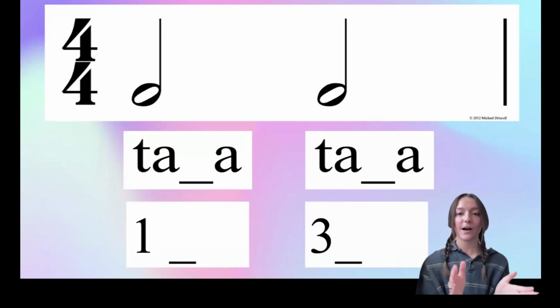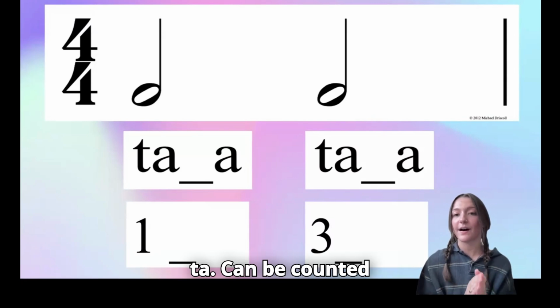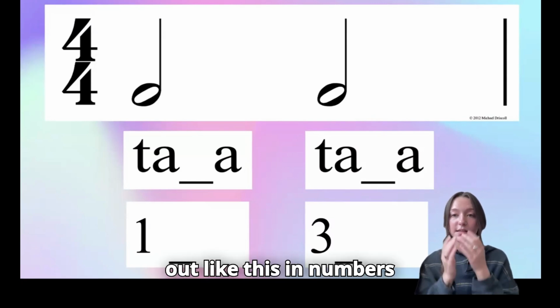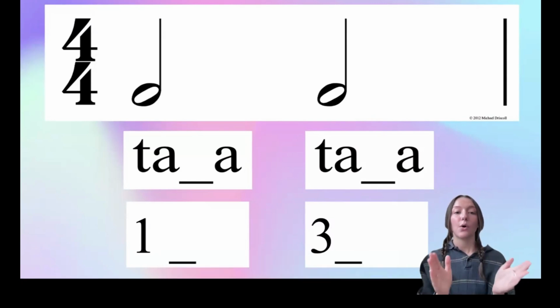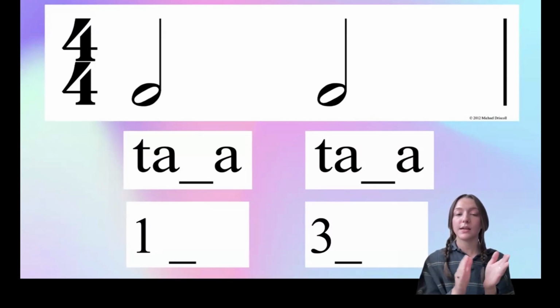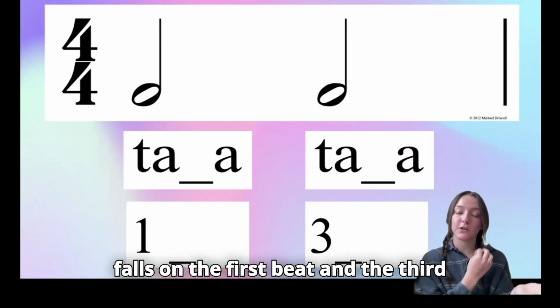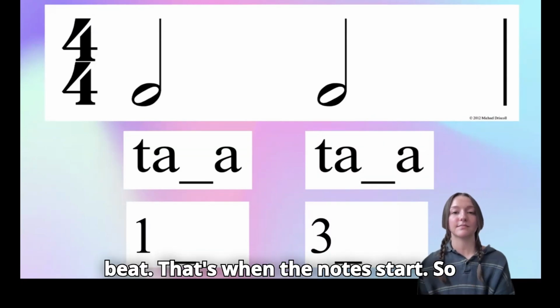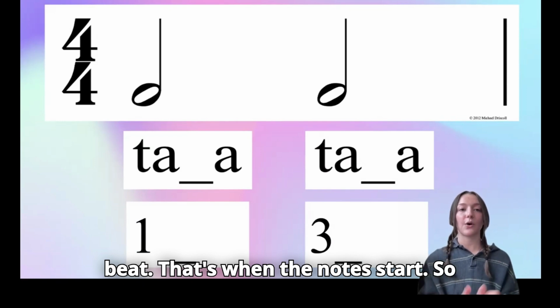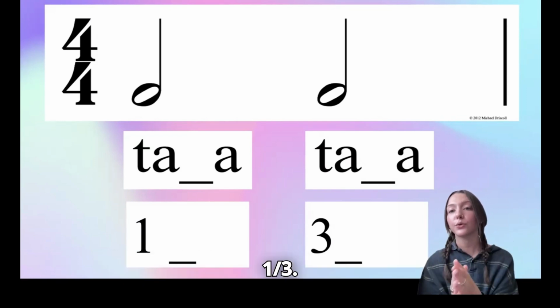Again, ta, ta. It can be counted out like this in numbers. 1, 3, 1, 3. Because it falls on the first beat and the third beat. That's when the notes start. So 1, 3.